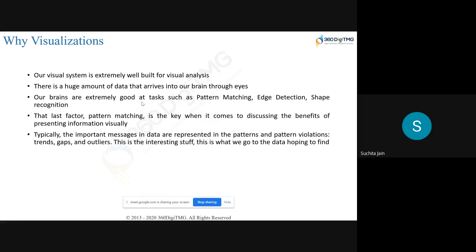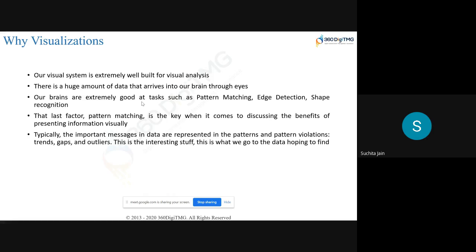Okay, typically the important messages in data are represented in patterns and pattern violations, trends, gaps, outliers. This is the interesting stuff. That is what we go to data hoping to find. So trends. If there is something which is on a rise right now, let's take a very common example of Maggie.